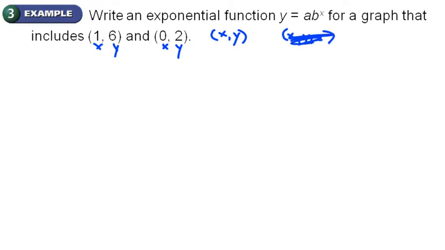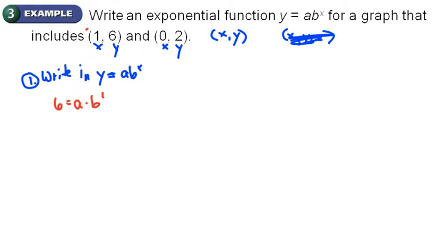All right, so step one, we want to write in y equals ab to the x form. So using the first point, just because it's the first one, nothing else, we're going to have y is 6 equals a times b to the first power, because we substituted in the 6 for y and the 1 for x.